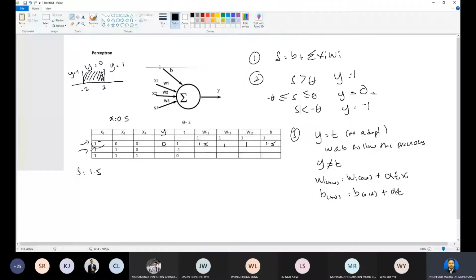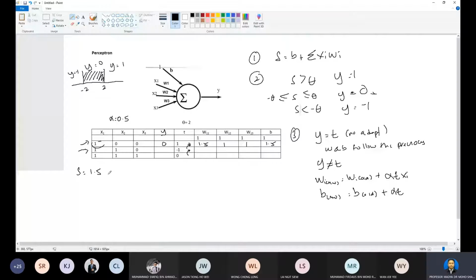For the first iteration, we follow the initial, which is 1, 1, 1, and the bias is 1. For the second iteration we have to follow the weight and bias from the first iteration. For the third we follow the second iteration. That is some mistake from the previous student. So now B will be changed to 1.5.